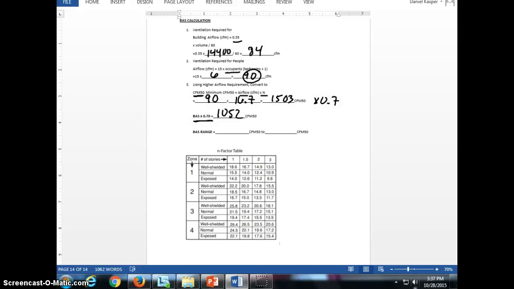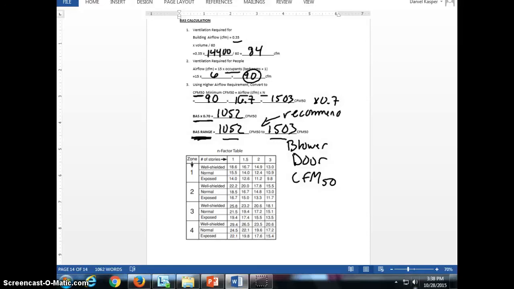So our BAS range, this is that inequality from your ventilation decision. Basically, this is your recommendation range: 1052 to 1503. So if we get our CFM 50 from the blower door and it's between 1052 and 1503, in here we recommend ventilation.